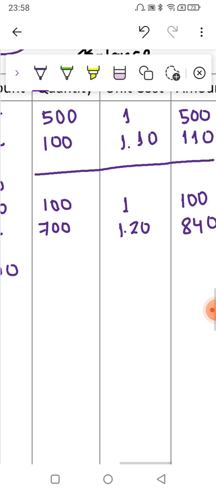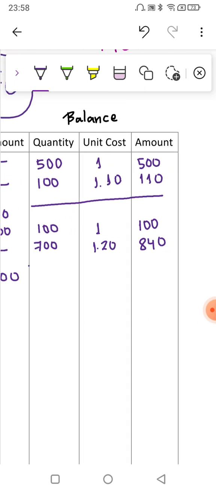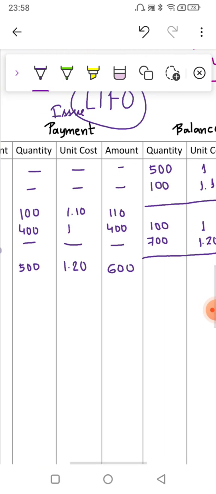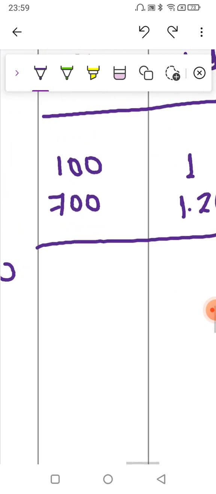After doing this, what remains in my balance? 500 is gone from the latest stock of 700, so what remains of the latest stock is 200, which is 700 minus 500. The 100 remains completely intact of my previous stock. So we are going to write it. The 100 remains intact at 1 rupee.